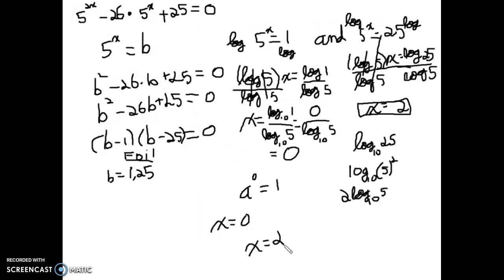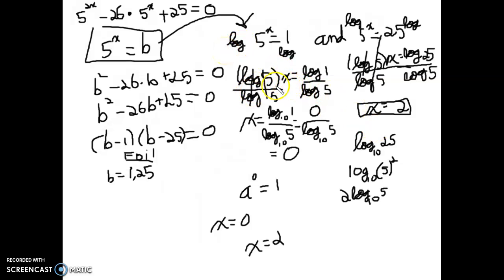And so by using substitution to simplify this logarithmic equation, 5 to the power of 2x minus 26 multiplied by 5 to the power of x plus 25 equals 0, we're able to convert it into b squared minus 26 multiplied by b plus 25 equals 0, a factorable trinomial, and then factor that out, get the values of b, plug it back in to equal 5 to the power of x, which we originally assigned the value of b.